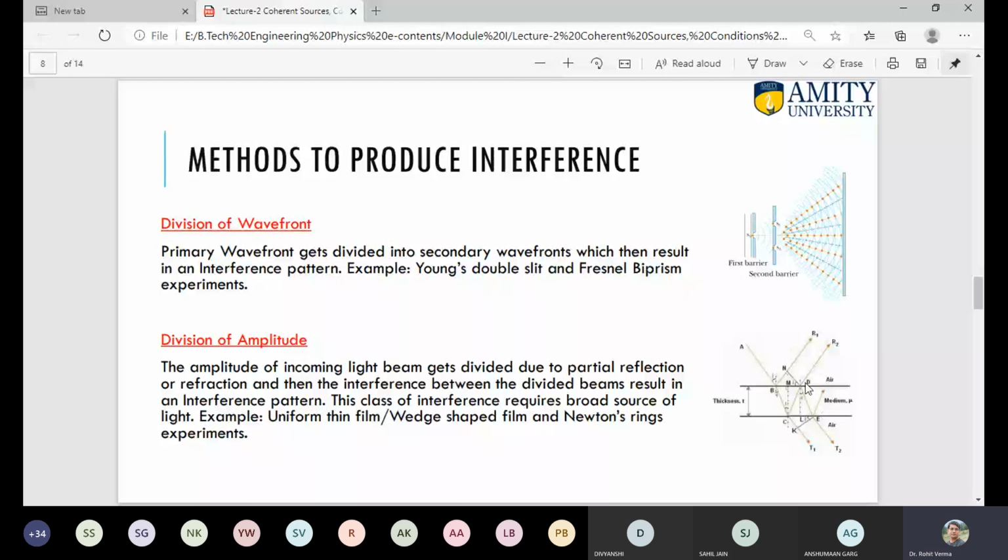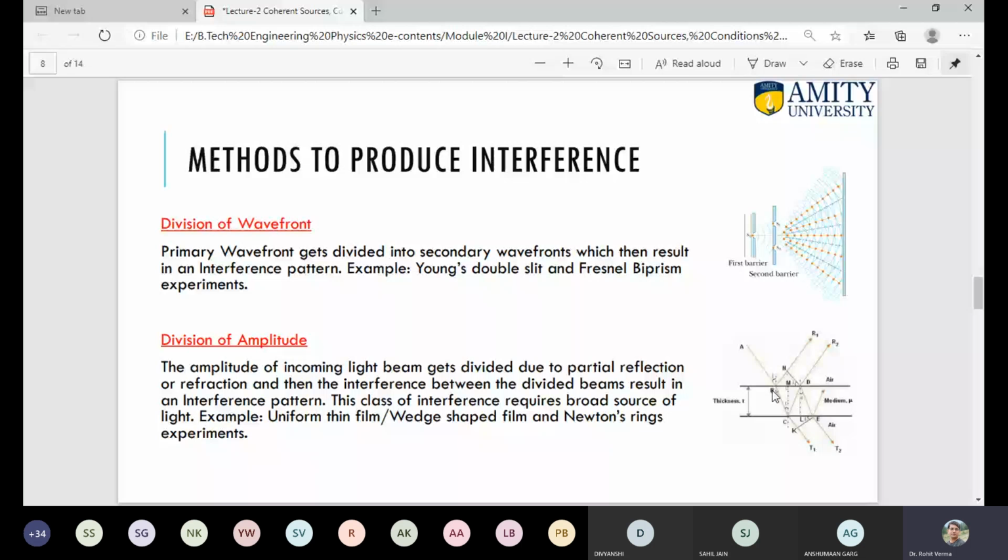So in this example, you are getting two reflected rays from the same source of light. That is why this is an example of partial reflection and refraction. The same light ray is divided into two rays by partial reflection, because some portion of the light ray is reflected and some portion is refracted. So at this point B, the same ray is divided.